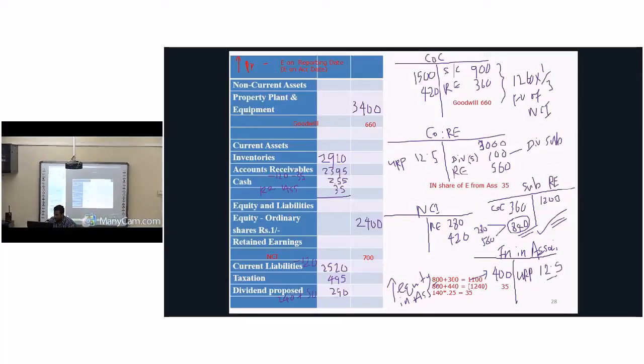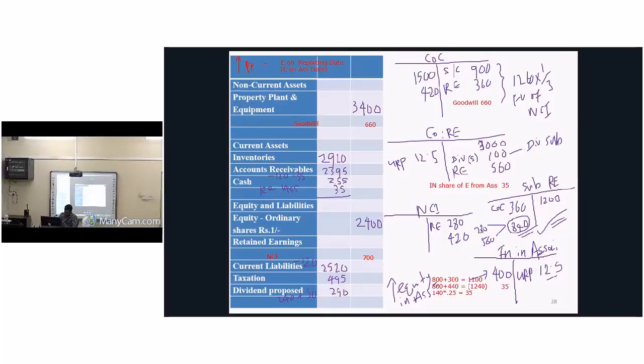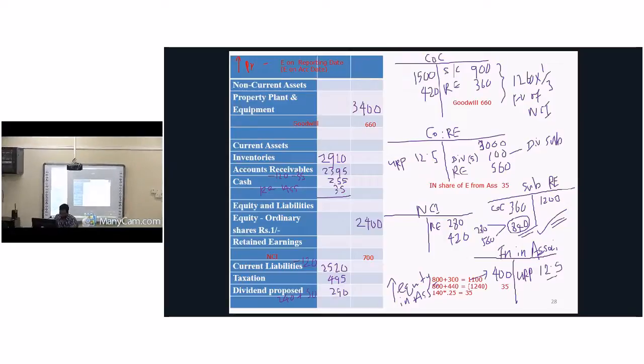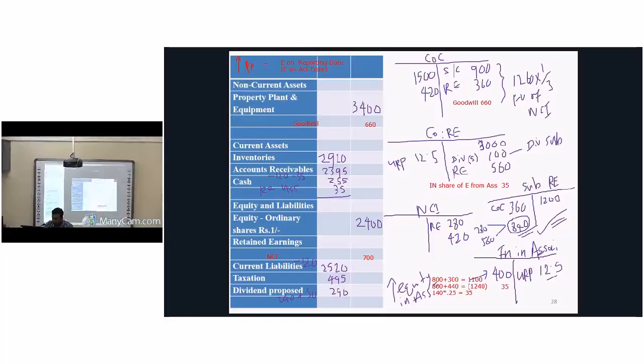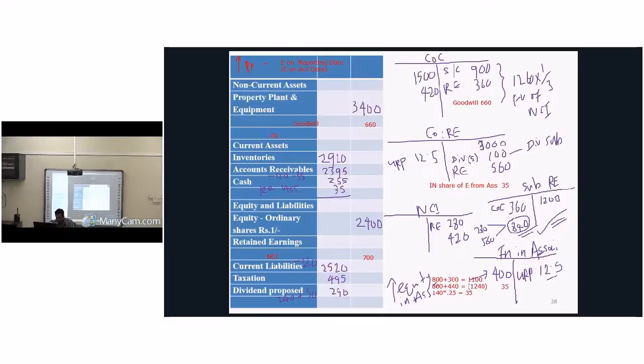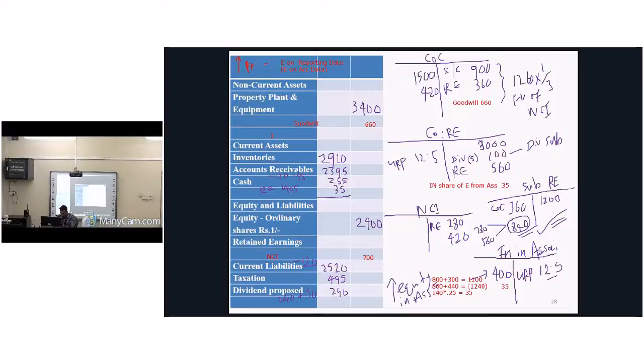What is the balance in the investment in associate? 400 investment plus increase in equity 35 minus 12.5, 420. Remember another one. We have to take this one here. Investment in associate, what is the balance? 422.5.